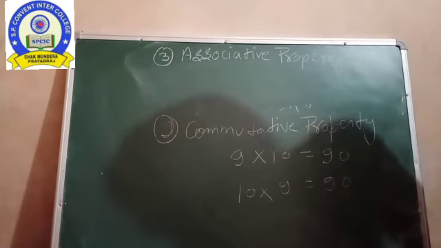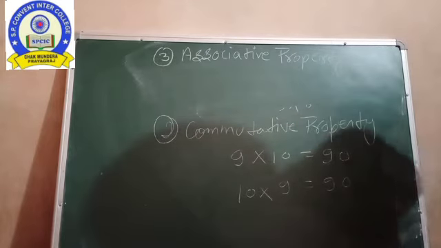In multiplication of integers, when the grouping is changed, the result does not change according to associative property.